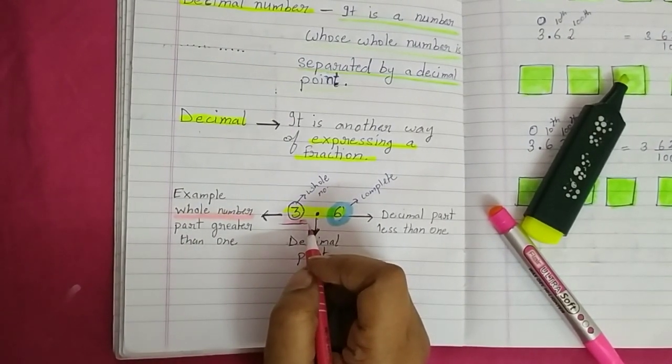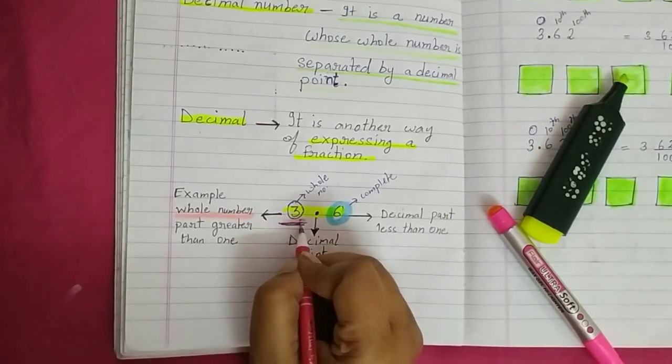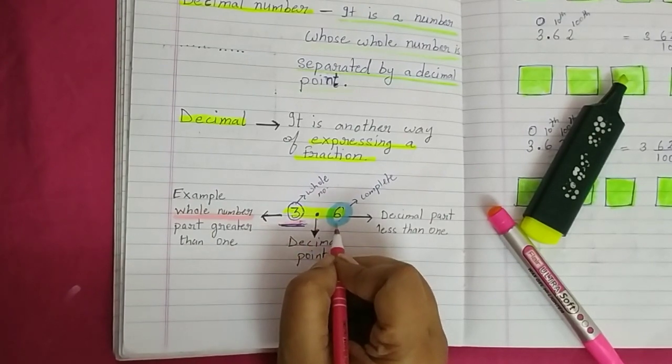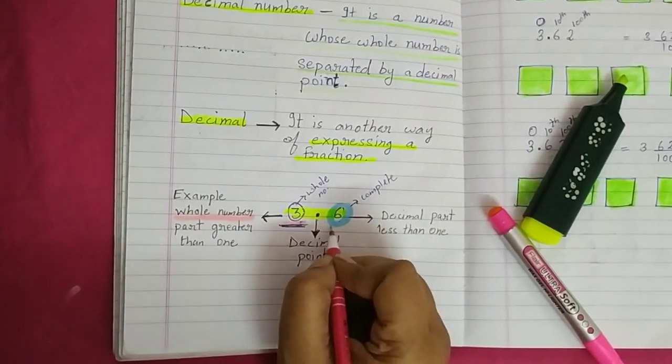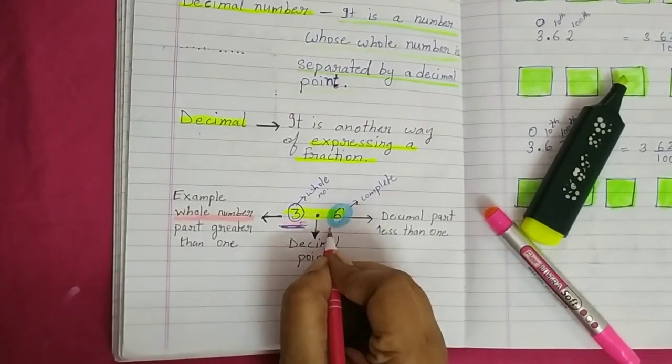On the left hand side it will be the whole number, and on the right hand side of the decimal point is the decimal part, which is less than 1.